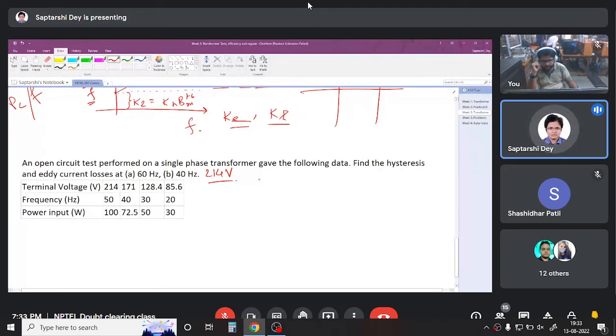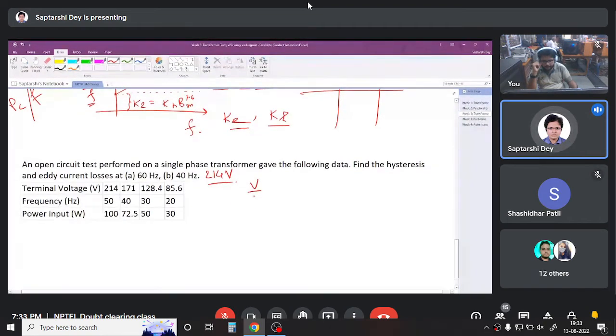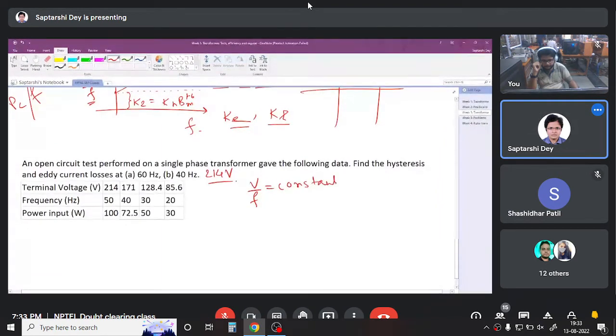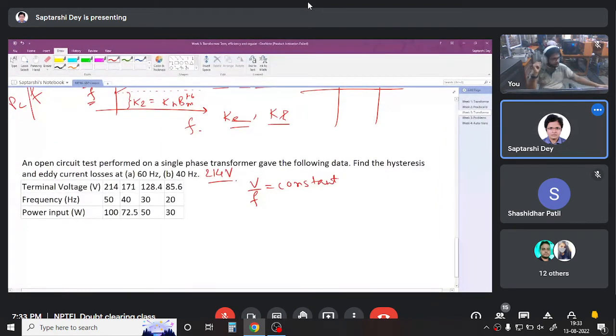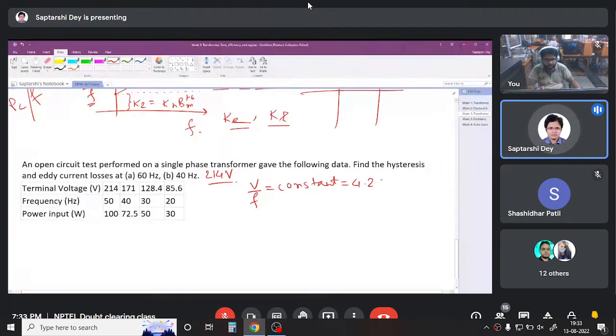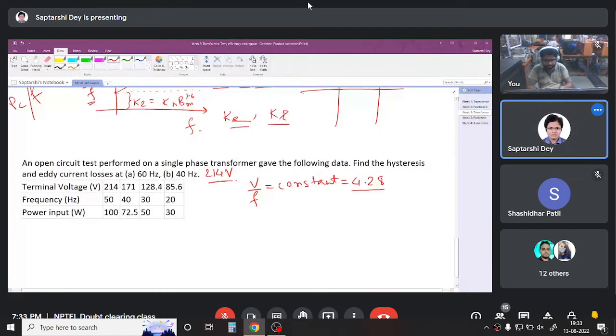So first, can you verify that V by F is constant for all the cases? This will come as 4.28 in all the cases.